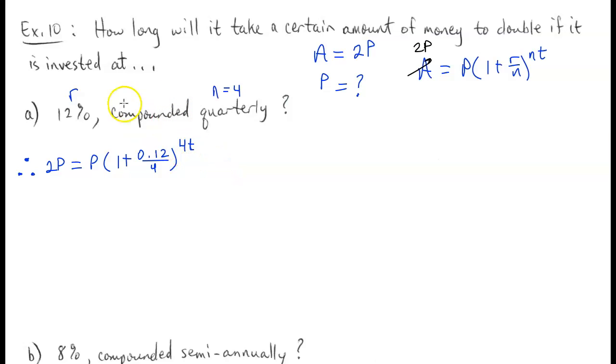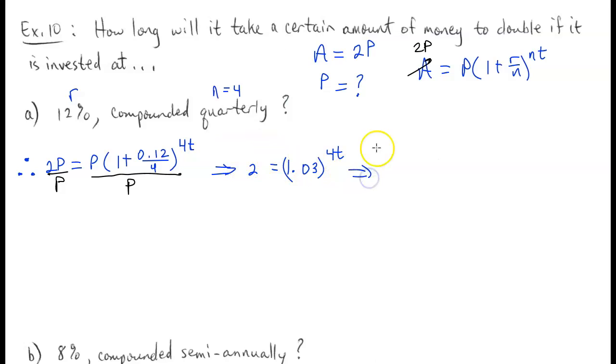So from here, again, we want to get T by itself. And so the cleanest way to do that is to first divide both sides of this equation by P. And if we do that, notice that we just have 2 on the left-hand side, and we're going to have 1.03 raised to the 4T on the right-hand side.